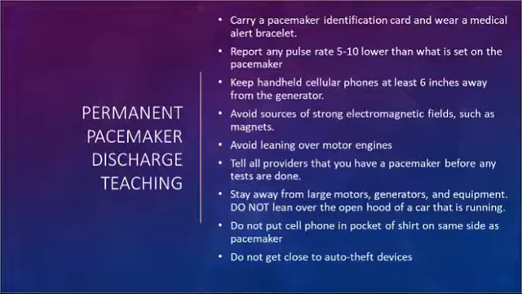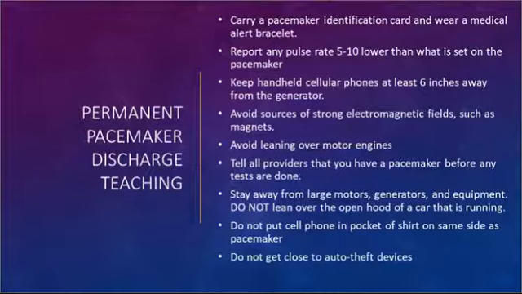Permanent pacemaker discharge instructions. They need to have a medical alert ID saying they have a pacemaker. They want to report if the pulse rate is about 5 below what it's set to do. Keep cell phones 6 inches away from the generator. Usually a generator is sitting up in the chest, and like a man, you don't want them carrying their phone in that shirt pocket near the pacemaker.